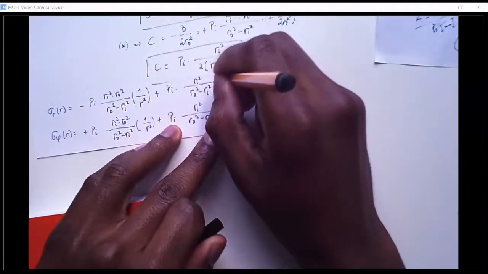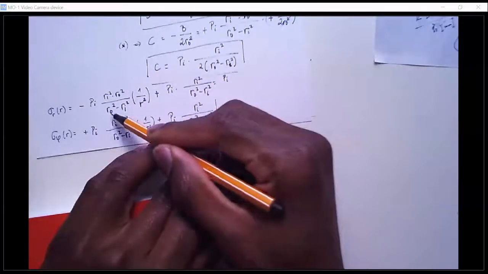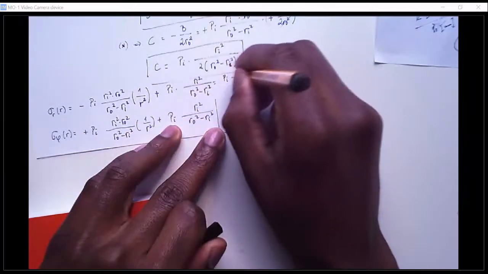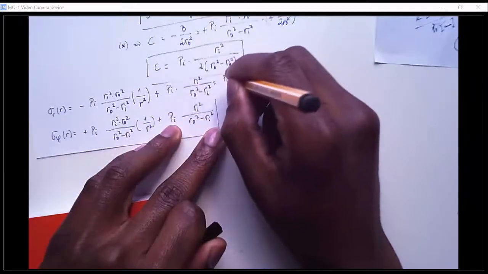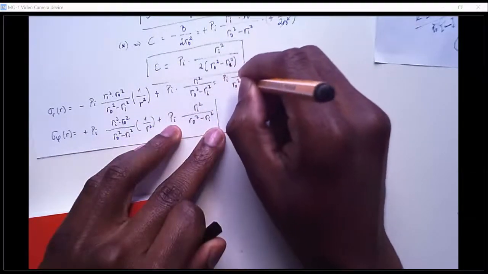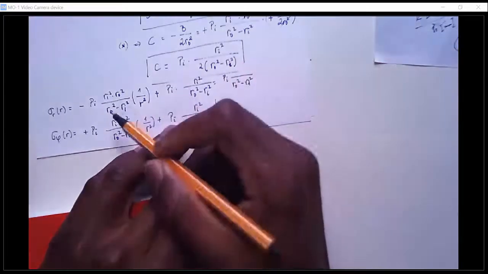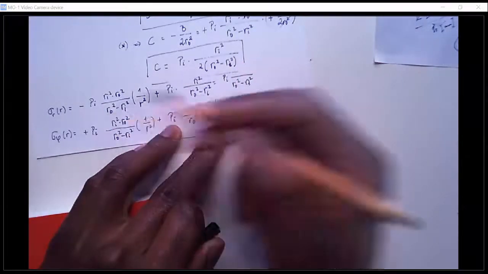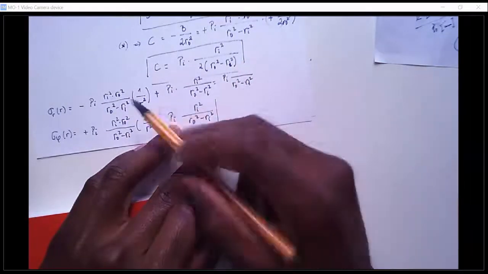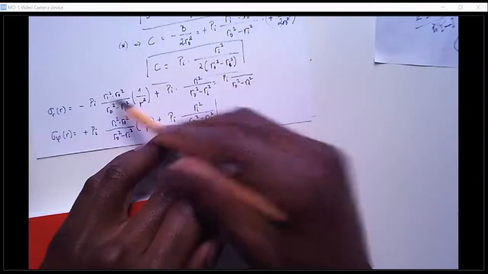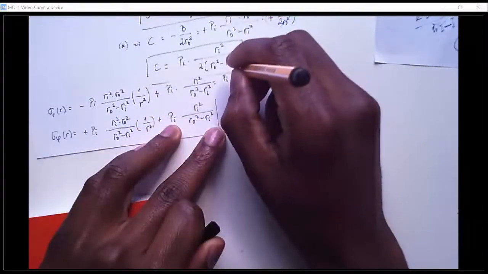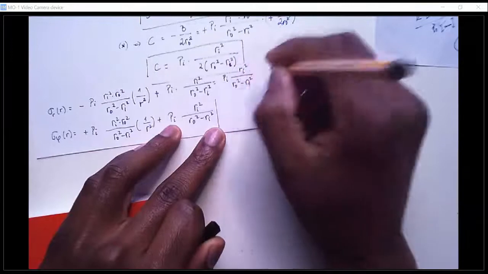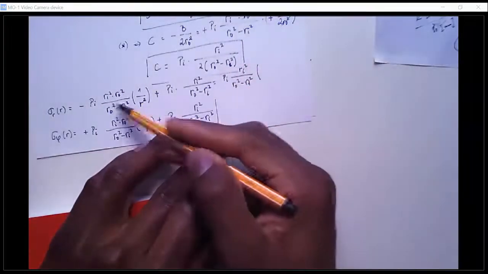Pi can be factorized. The denominator here can also be factorized, so the RO squared minus RI squared can be taken out already. What else? RI squared can actually be factorized too. And what are we going to have in brackets?